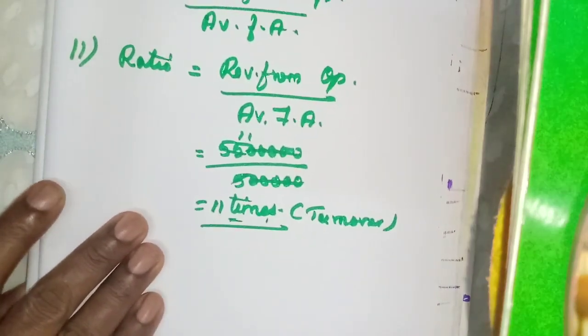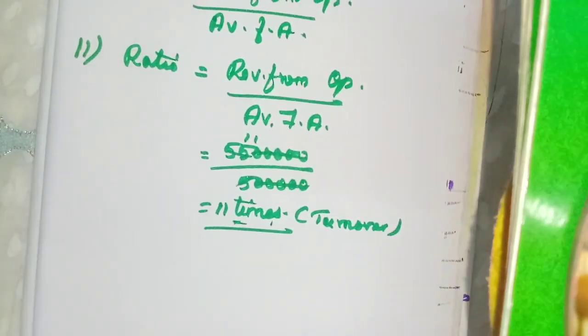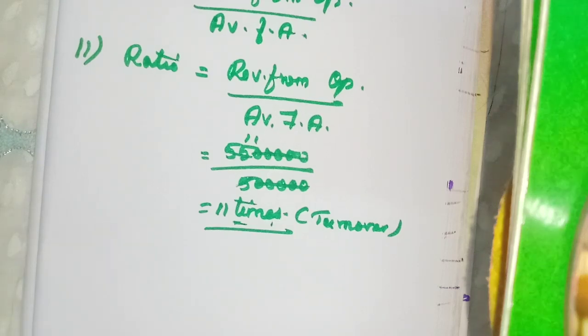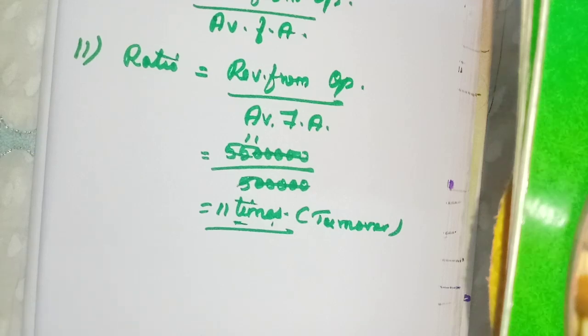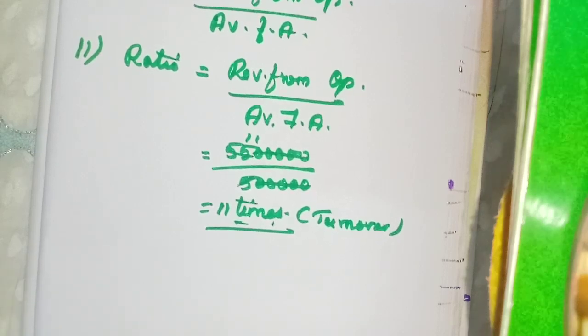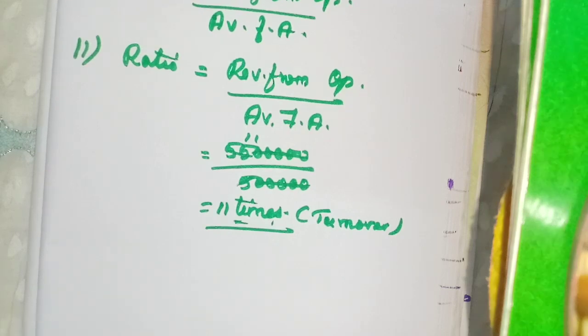The first one, inventory turnover ratio, is equal to cost of revenue from operation divided by average inventory. For the next one, trade receivables turnover ratio, credit revenue from operation or credit sales divided by average trade receivables.